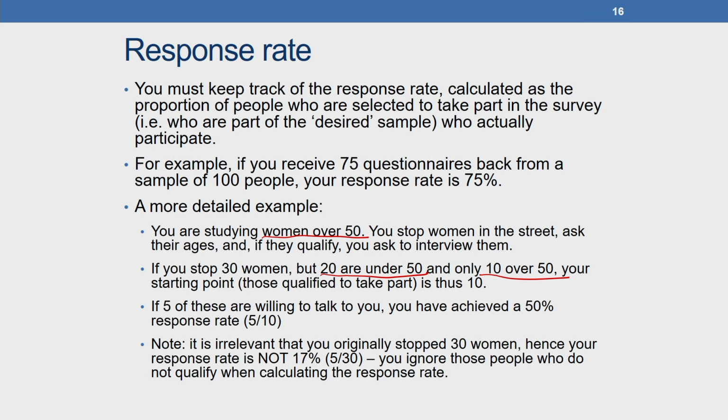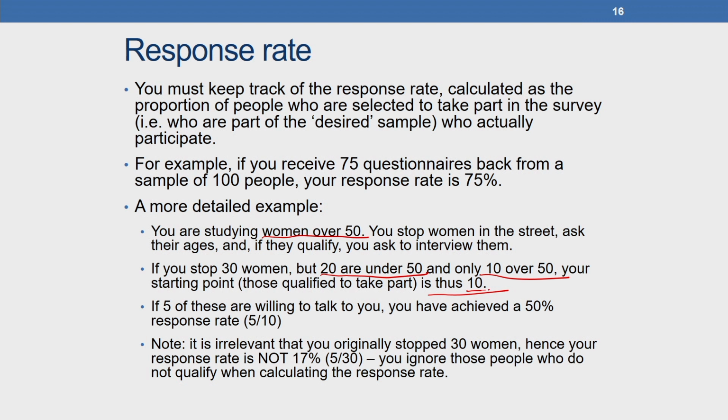So, your starting point, that is those qualified to take part, is thus 10. Now, of these 20 who are under 50, but whom you stopped to ask questions and who may have answered, you do not include them as part of the responses that you have received, because they do not qualify to be answering your questions in the first place.